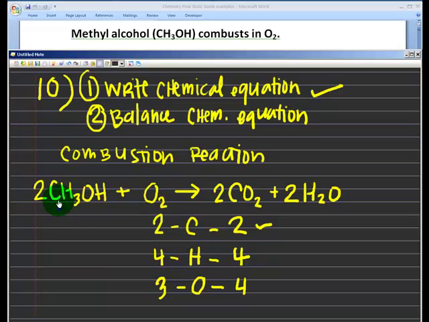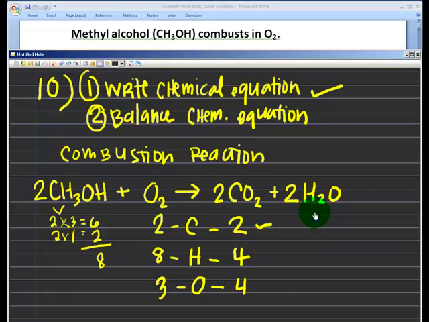Now hydrogens, let's go back and check. Now I have 2 times 3, so 2 times 3 equals 6 hydrogens, plus 2 times 1 equals 2. So now I have a total of 8 hydrogens on my reactant side. Let's look on my product side.